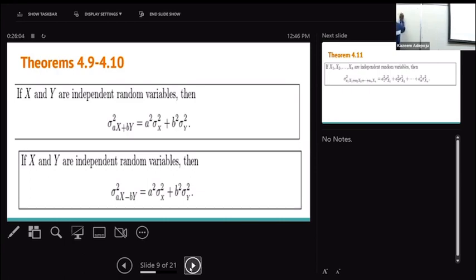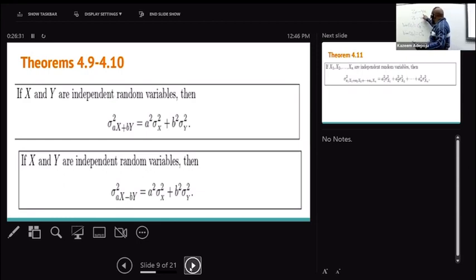Let's say Z1 equals minus 4X and Z2 equals 4X, and I want to find the variance of Z1, that is, sigma 1 squared, and I also want to find the variance of Z2.